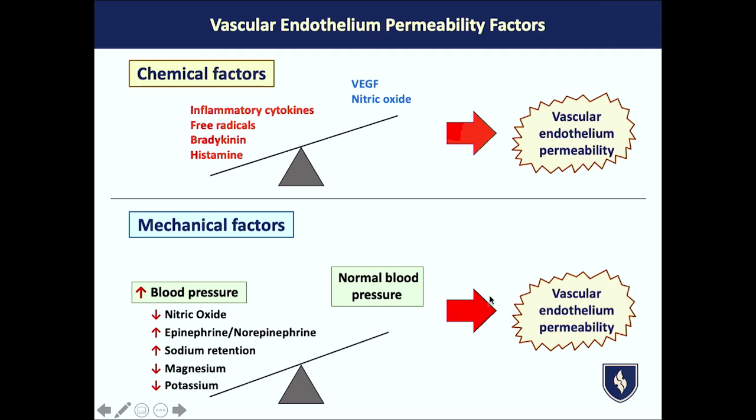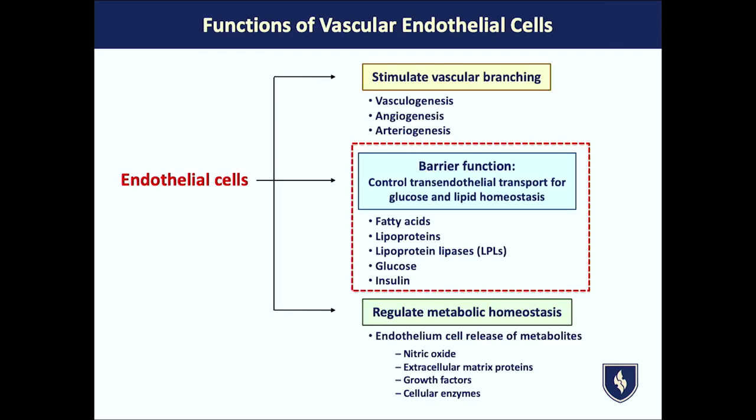That can then start to damage the barriers and you get permeability. So, blood pressure elevations, hypertension does cause vascular endothelium permeability. So it's like this inflammatory cascade, this mechanical pressure then starts to destroy the vascular barrier system.